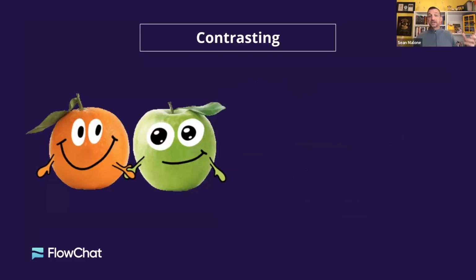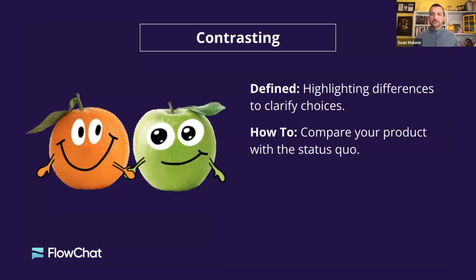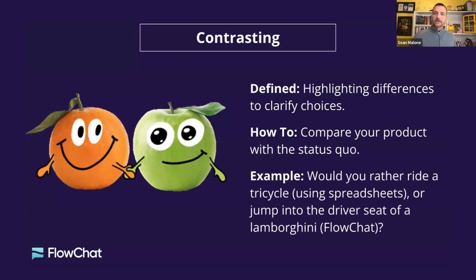Let's move on. The next one is contrasting. So contrasting is fat or skinny, tall or short, right? Defined by highlighting differences to clarify choices. How to do it? We compare your product with the status quo, what your competitors and everyone else is doing, and why you are completely different. This is the contrasting bias. Here's an example.